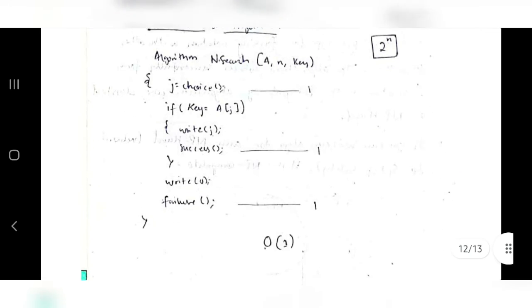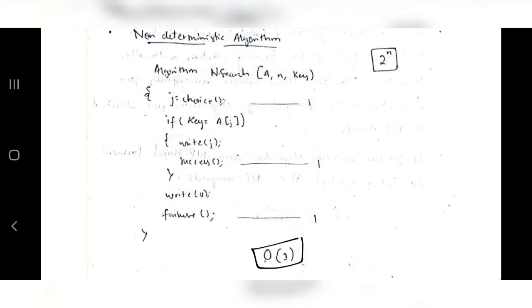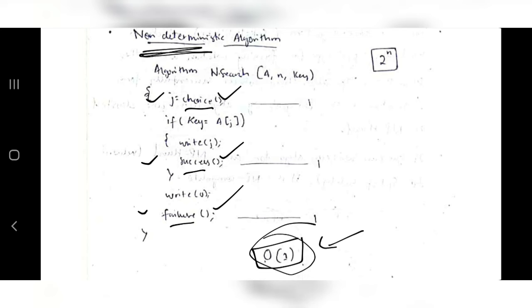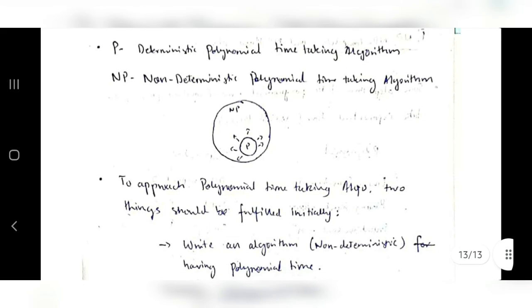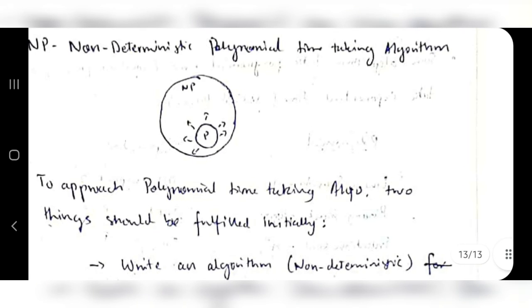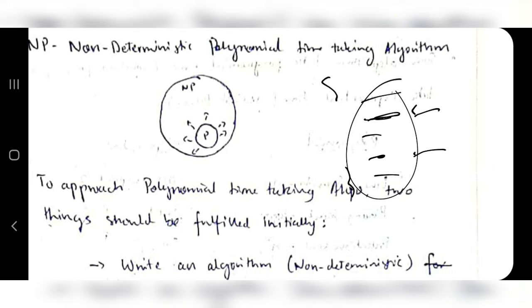But if we reduce that to polynomial time by including some non-deterministic lines of code which we don't know yet, but there is an idea that it could be reduced to polynomial time if we successfully implement these three lines of code, then it is known as a non-deterministic polynomial time-taking algorithm. That is NP. Initially, if we have to write any algorithm, we don't know much about it, so there will be many lines of code which we don't know. Only some will be deterministic, and the rest will be non-deterministic.